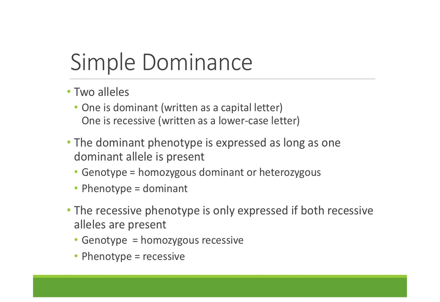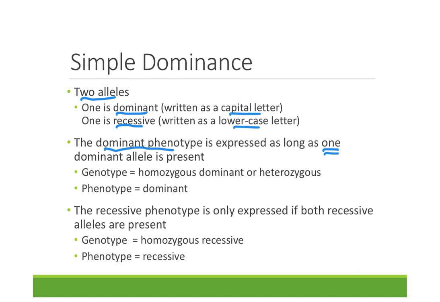In simple dominance, you just have two alleles. One is dominant, and we indicate it with a capital letter. And one is recessive, and it gets a lowercase letter. The dominant phenotype is expressed as long as there is one copy of that dominant allele present.